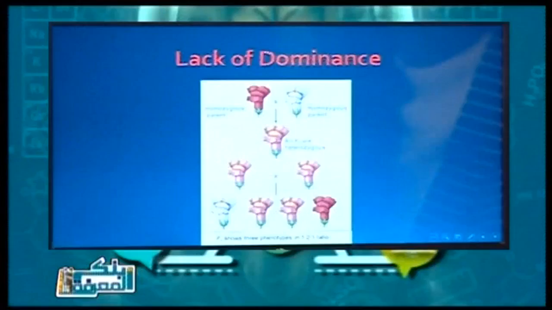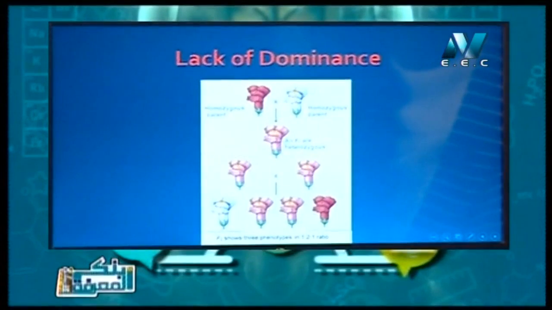If we cross the homozygous or pure red flowered plant with another one having white flowers, we will get the first generation, all of them will be pink, as you see in this picture.